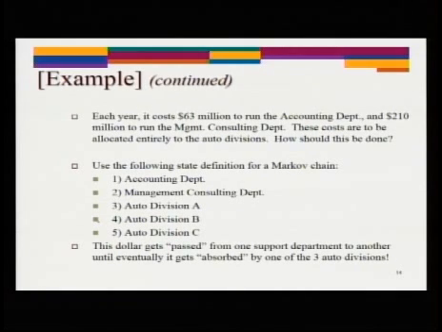The first state represents the accounting department, the second state the management consulting department, and states 3, 4, and 5 the auto divisions A, B, and C. This dollar gets passed from one support department to another until eventually it gets absorbed by one of the 3 auto divisions.